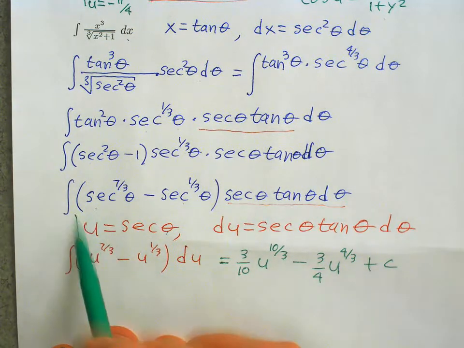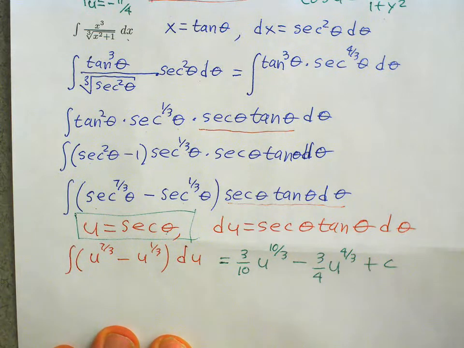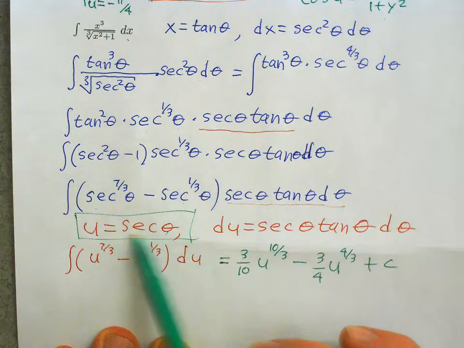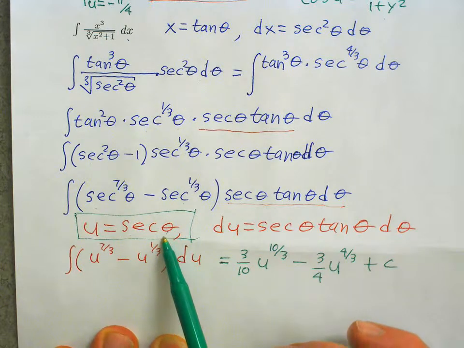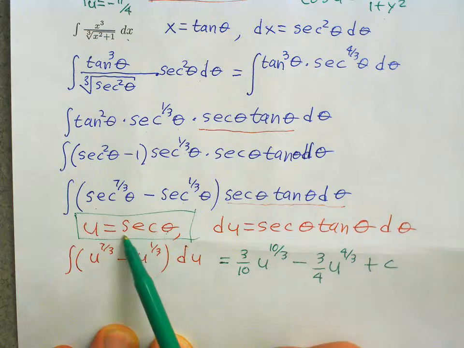So u is just secant of theta. So if we can determine what secant of theta is in terms of x, then we'll essentially be done.